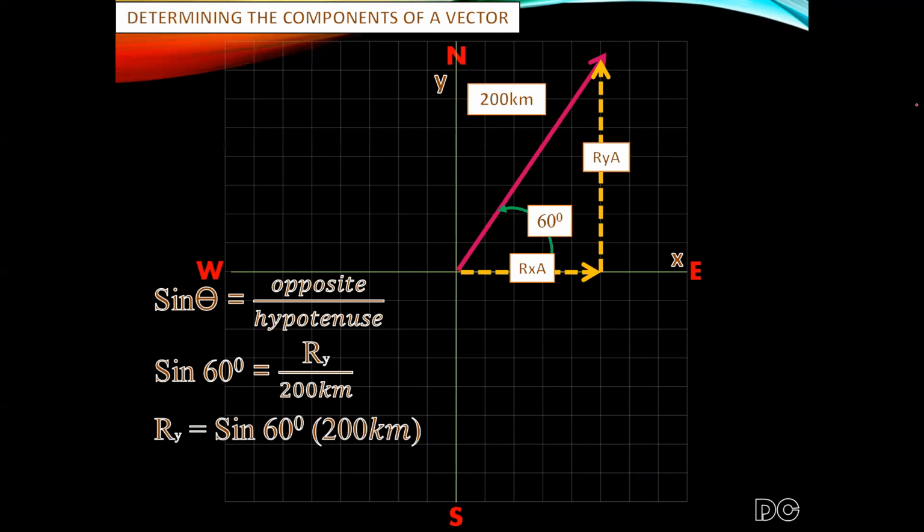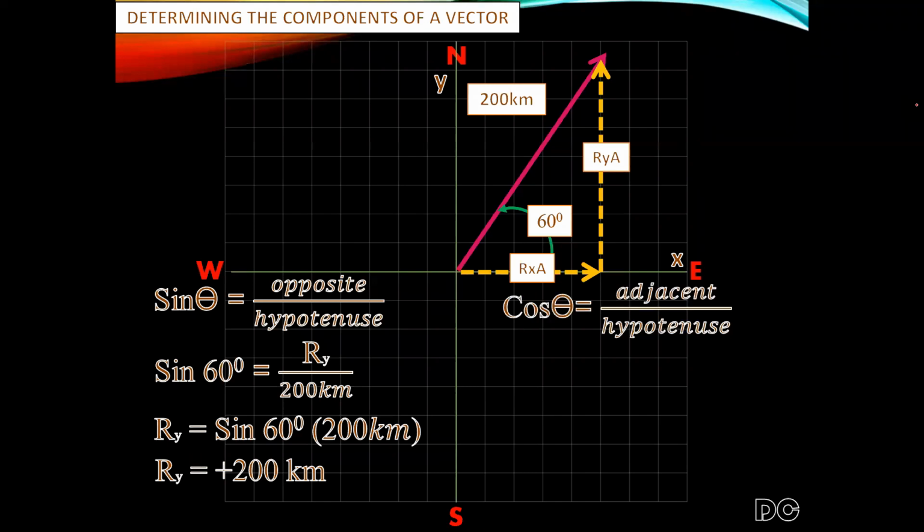So r sub y is equal to sine 60 degree times 200 kilometers. So r sub y is equal to positive 200 kilometers. Positive because the y on the first quadrant is also positive.